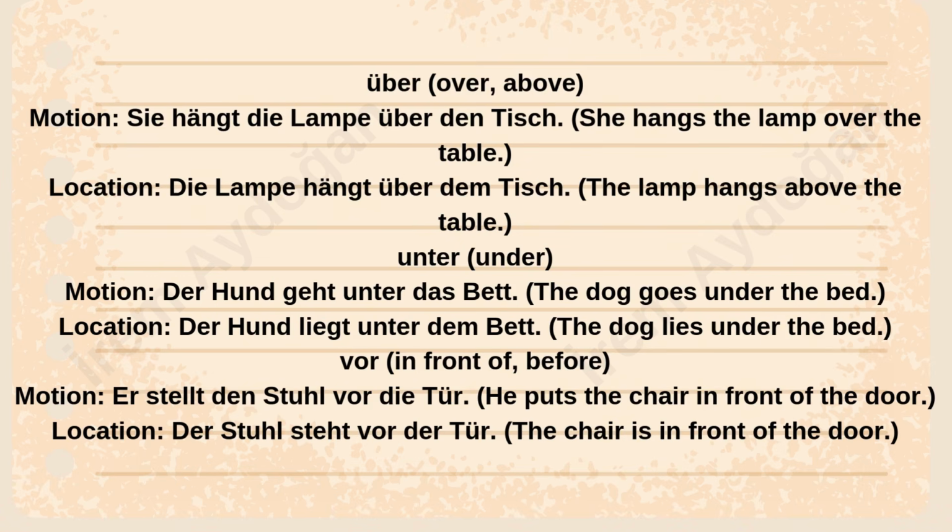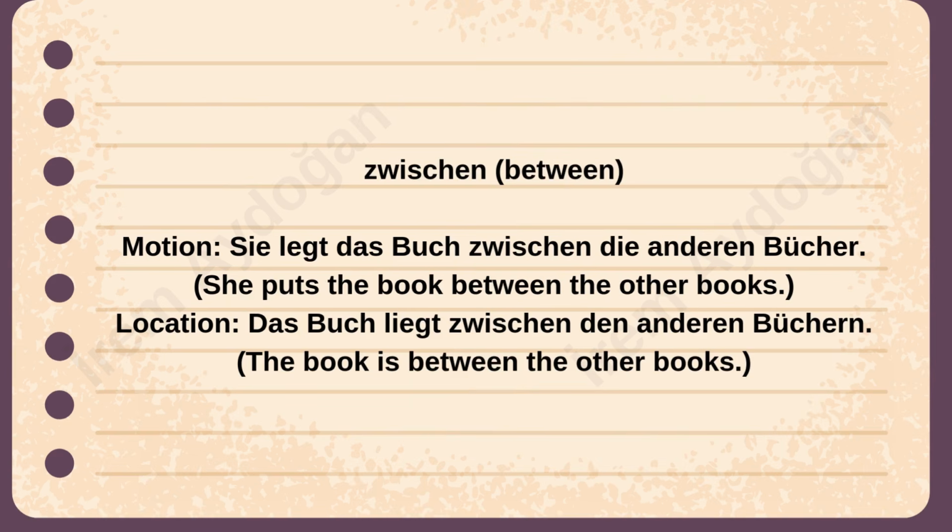And the next one, zwischen, means between. The motion, accusative case: "Sie legt das Buch zwischen die anderen Bücher." She puts the book between the other books. This is the accusative case, "zwischen die anderen Bücher."